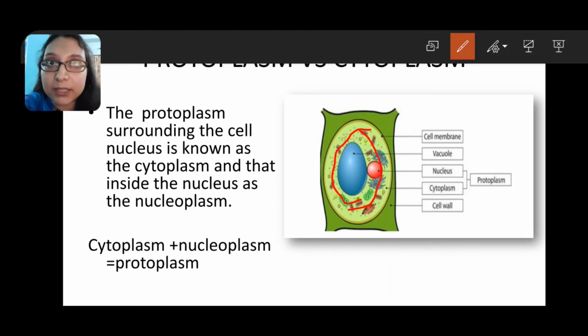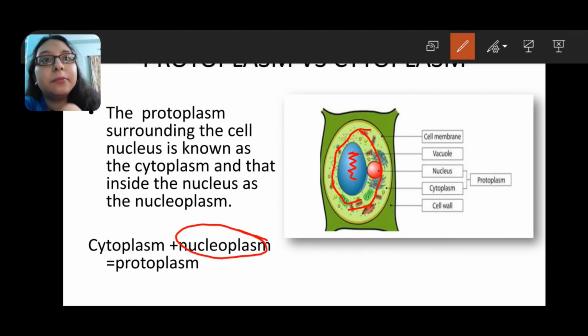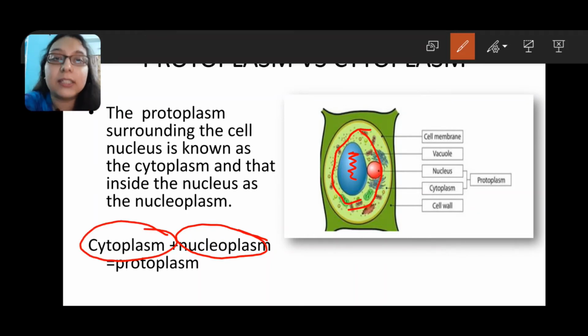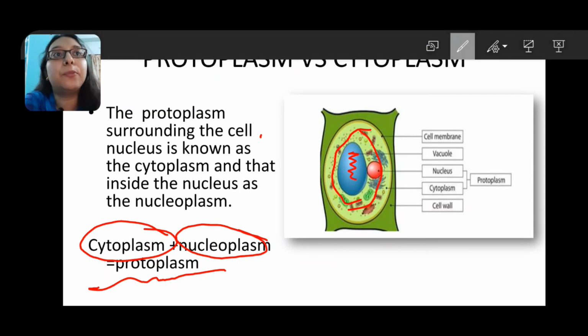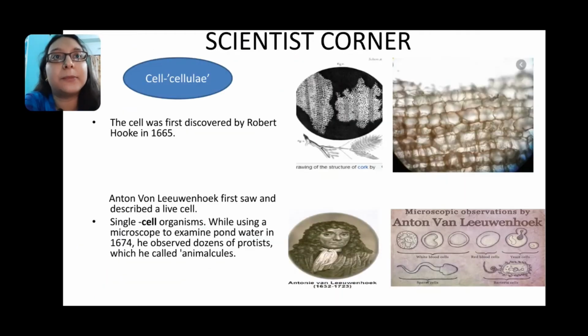What is nucleoplasm? Nucleoplasm is the jelly-like substance which is present inside the nucleus. Okay, so this nucleoplasm present inside the nucleus plus the cytoplasm present outside the nucleus together constitutes the protoplasm. So this is the difference between protoplasm and cytoplasm.